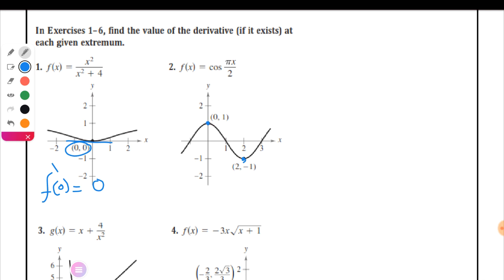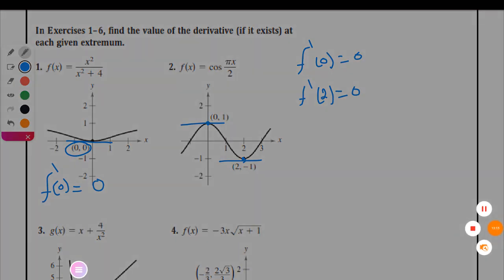Why? Because this function is defined on an open interval. It is not a closed interval, so I can't say absolute. In this case, as you see, it has a horizontal tangent, so the derivative at 0 will be 0. The derivative at 2 will also be 0. Clear or not clear?